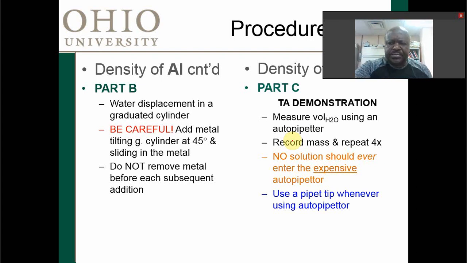Auto pipetters. In your lab manual, back of the front page, it says auto pipetters are great, but you can use them so that the results are totally unreliable. Unreliable. That's not good. And I'm quoting somebody there, Mike May.